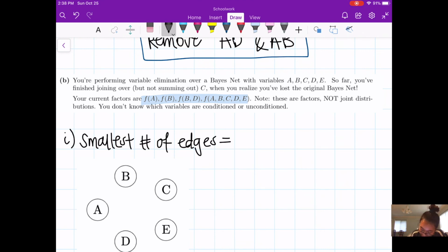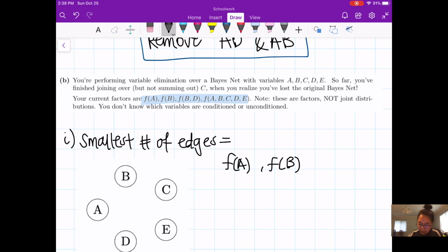So we have two factors, factor A and factor B, that are just individual variables. So these factors must have corresponded to just the A node and the B node. And since there aren't any other variables involved, that means it wasn't something given something, because then we would have at least two variables in the factors.